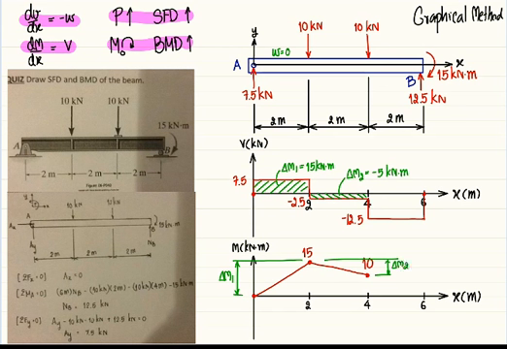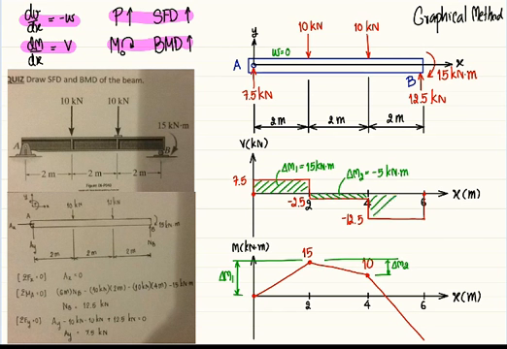Next, the graph in the last section, the V value is negative constant. So the slope is negative constant, and the slope is larger than the slope in section 2. So this shows the negative slope. And the change in M values can be found from this area.